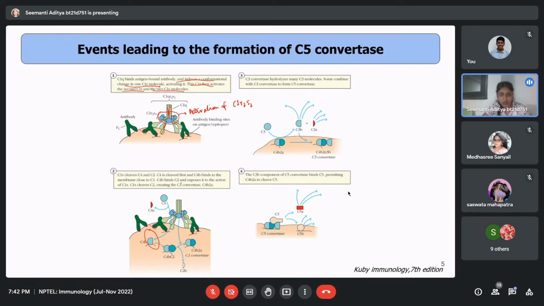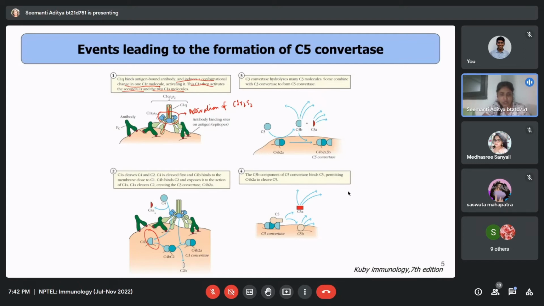So C2 will bind to the C4b, and C2 will then get cleaved into C2a and C2b, of which the C2a portion, already membrane bound, will remain attached to the C4b, and the C2b will be released in the circulation and act as an inflammatory agent.